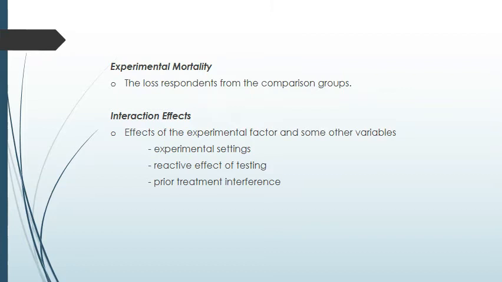The last factor enumerated by Manuel and Medel is the interaction effects. It is the effects of the experimental factor and some other variables such as experimental settings, reactive effect of testing, and the prior treatment interference.